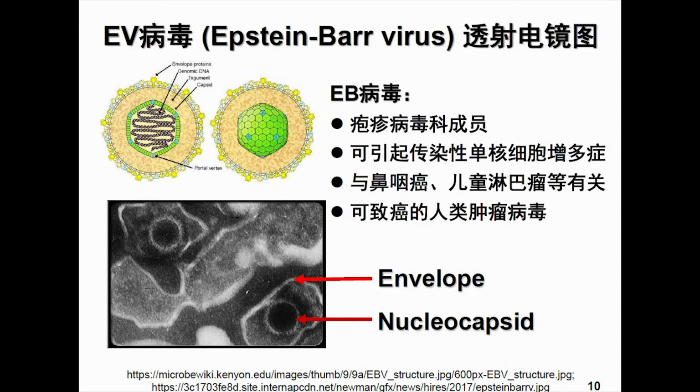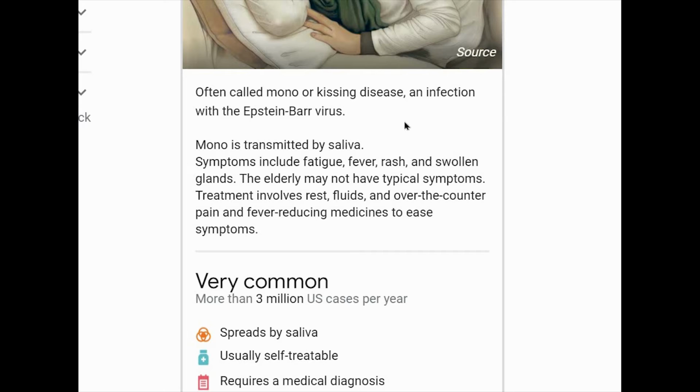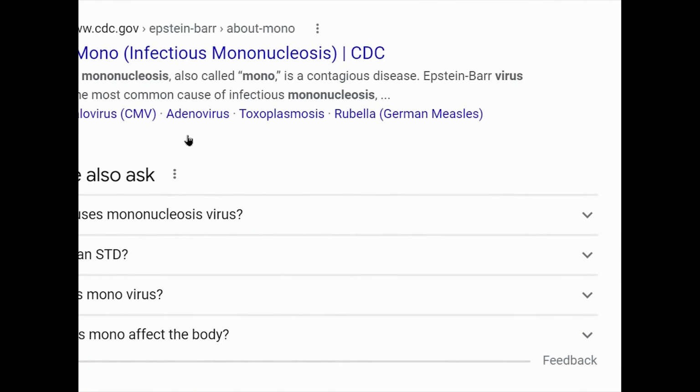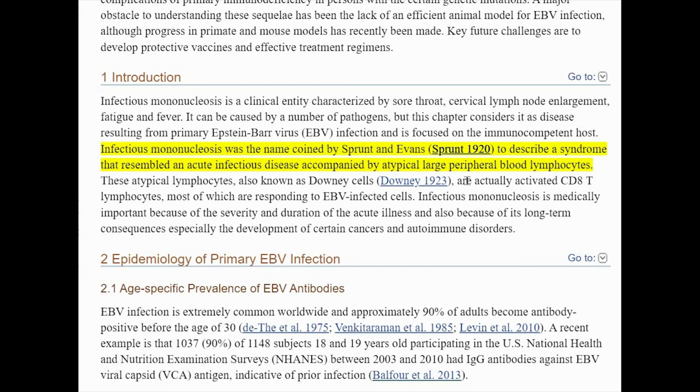Then we have to learn something about Epstein-Barr virus. What is this virus? It is also called mononucleosis or kissing disease. It has symptoms of fatigue, fever, and this kind of thing. And what does it infect?